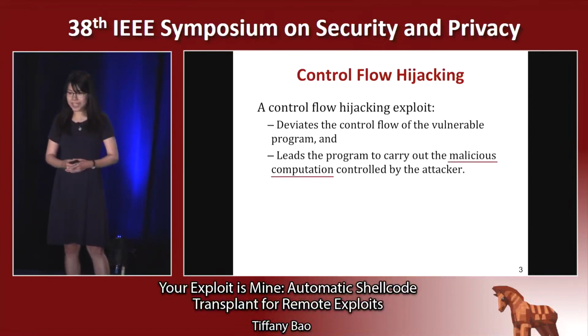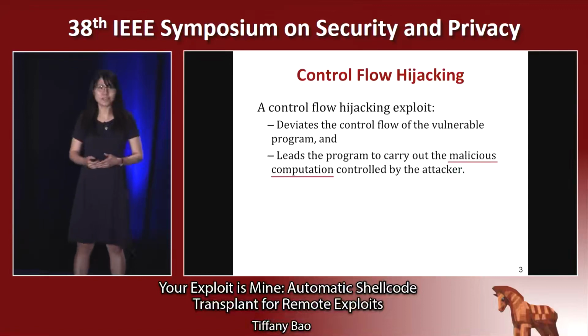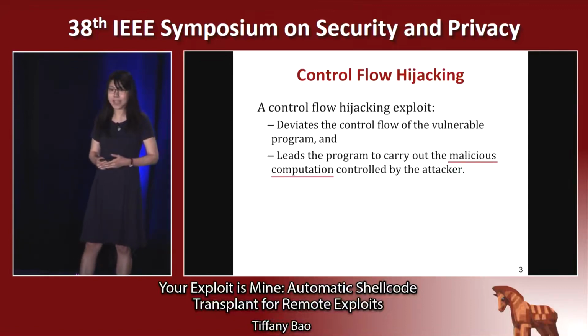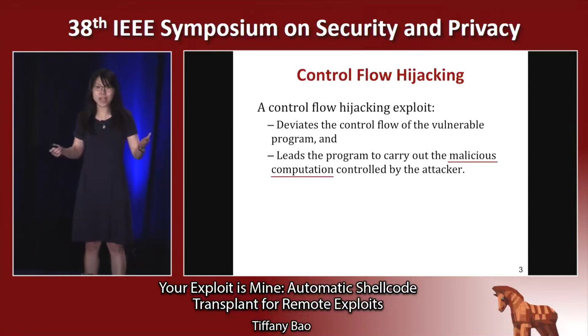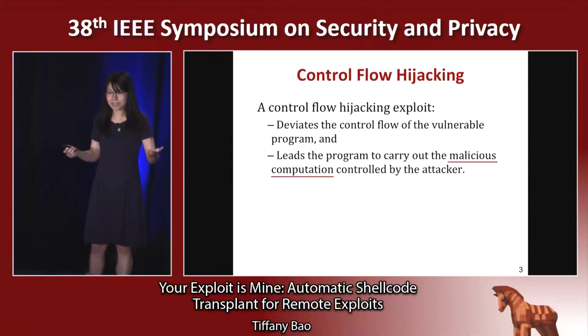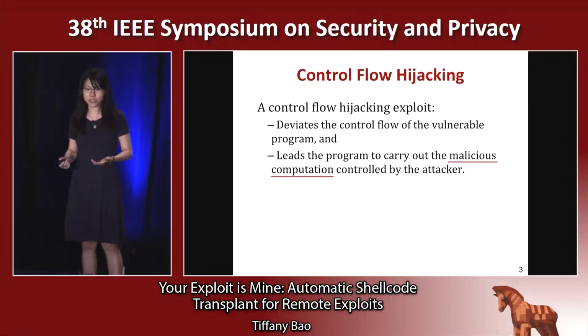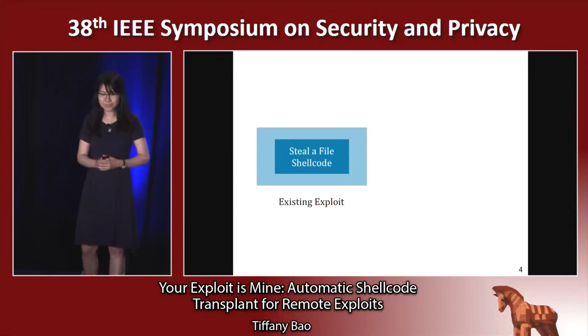The malicious computation is the payload of the control flow hijacking exploit, and we call it shellcode. Different people have different purposes of attacking, and thus they will have different shellcode. For example, suppose we have an exploit from others, and their shellcode is to steal a file.